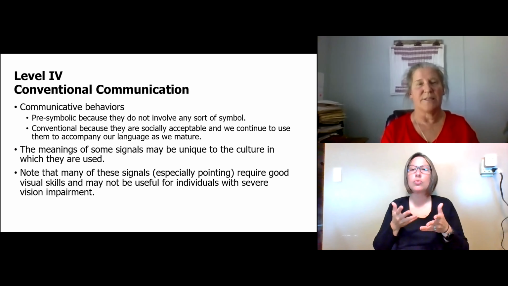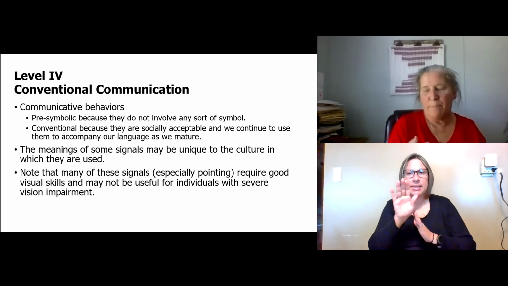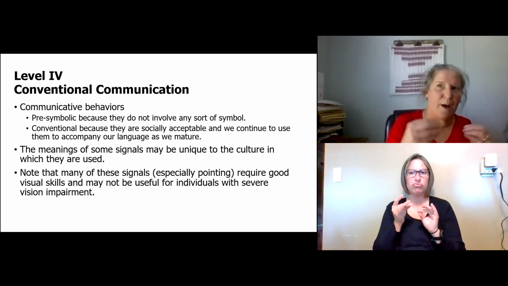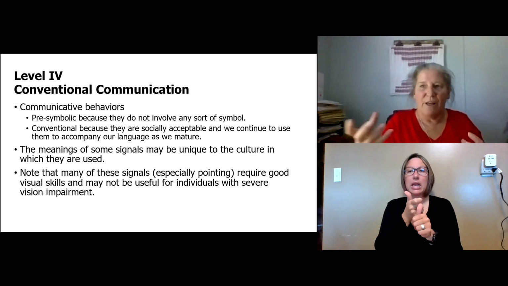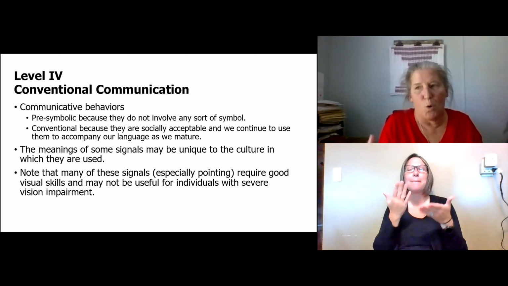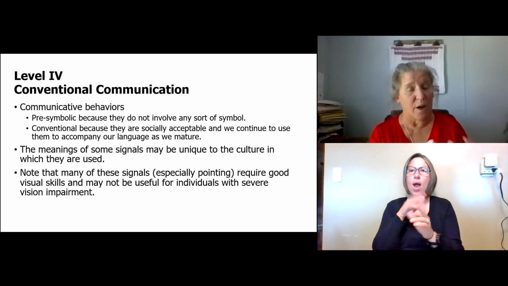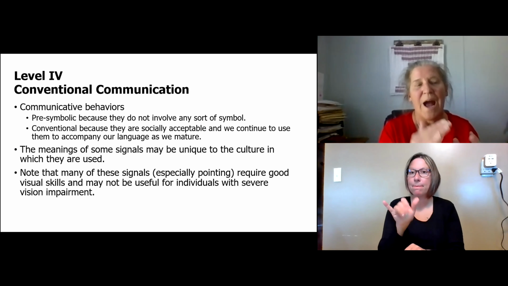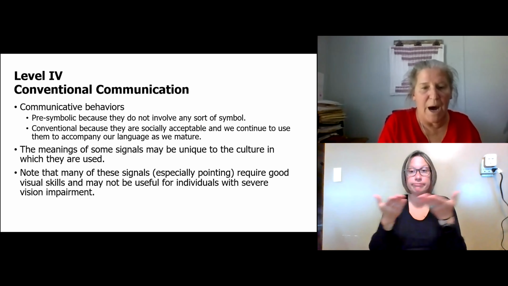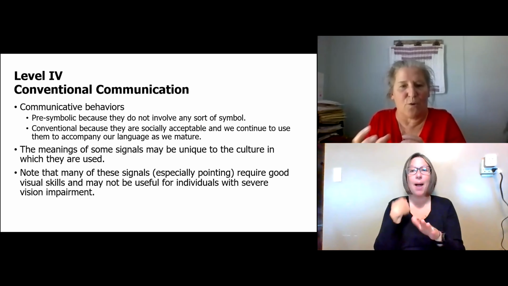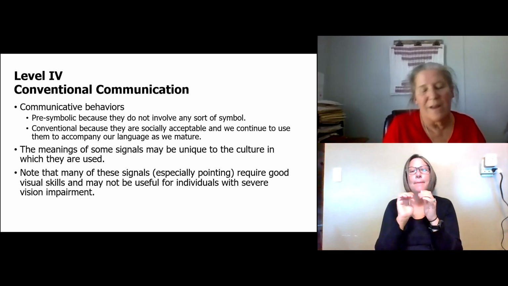We're shaping that behavior. I know I said that the other day. What I mean by that is the kid does some gesture that's not really the appropriate way, or what people would really understand it to be. We're going to catch them in that moment and let them know, I understand what you're saying. You want this, but I'm going to help you figure out how to shape your hands or how to get it in a more socially acceptable way.